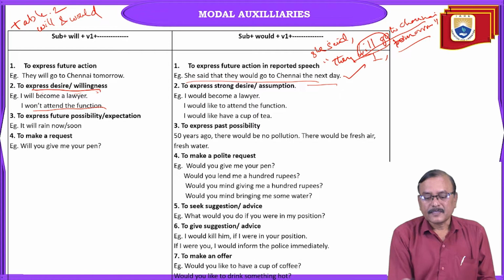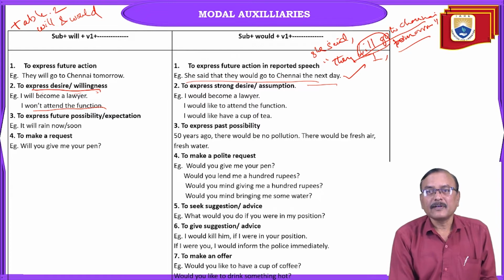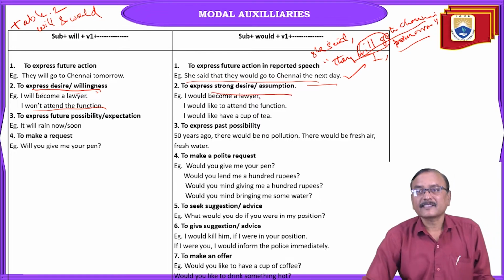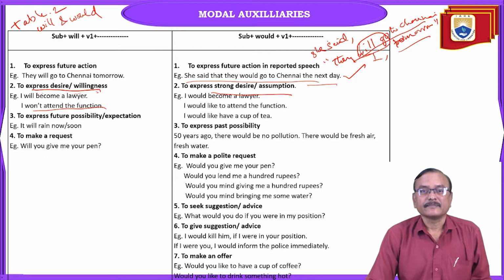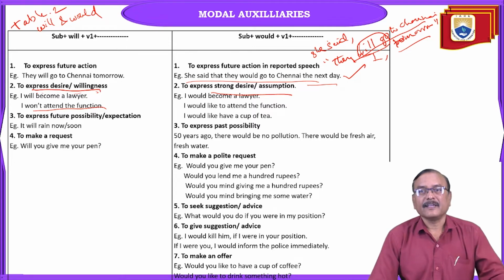So, for the same desire, we can also use "would." When we use "would," it becomes a strong desire or strong assumption. I would become a lawyer. Is it clear? I would like to attend the function. Strong desire or strong willingness.